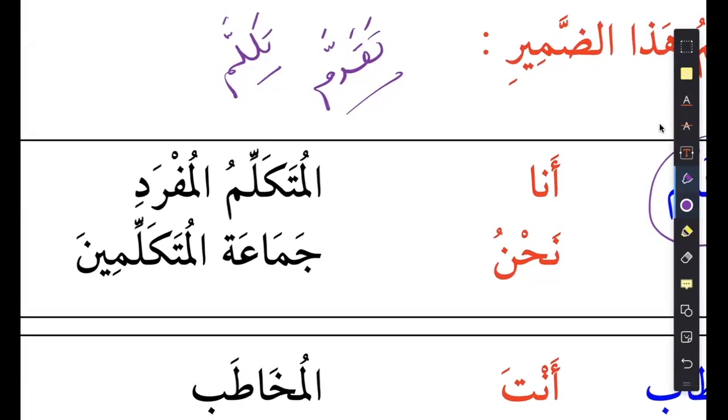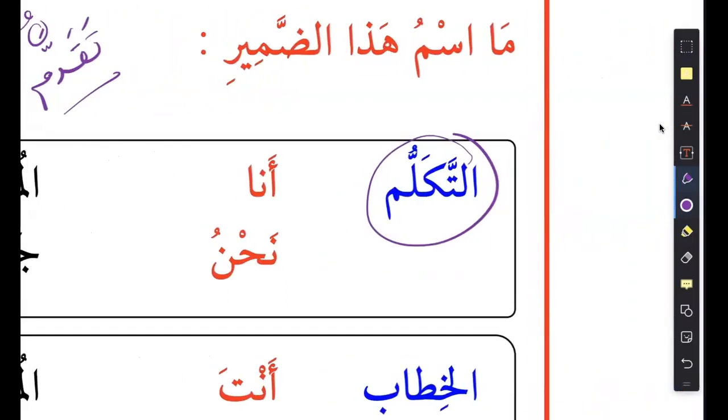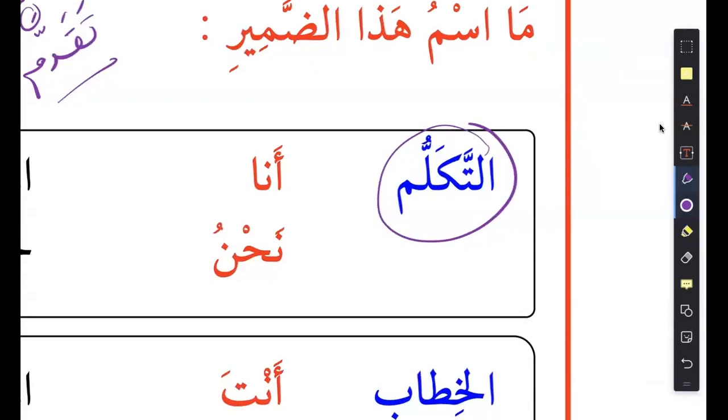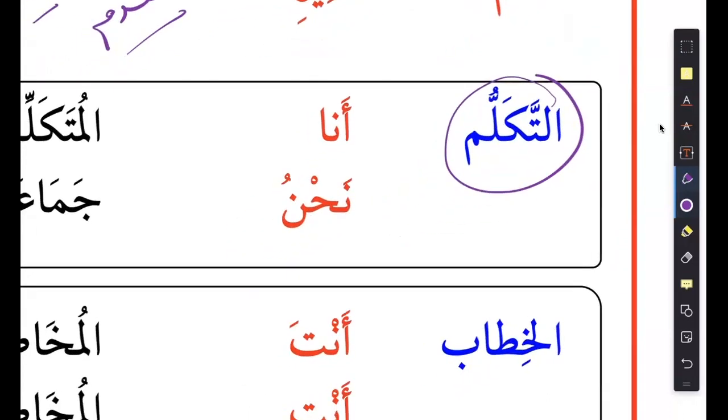It's very simple. Just change this one into a dhamma, and we have a noun. So takallum, taqaddum. That's what we have here. So takallum means, in this context, the first person, the one who is speaking. And we have two of them.